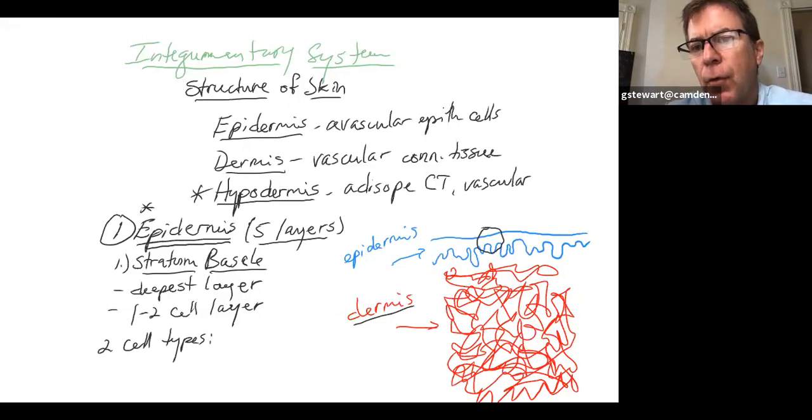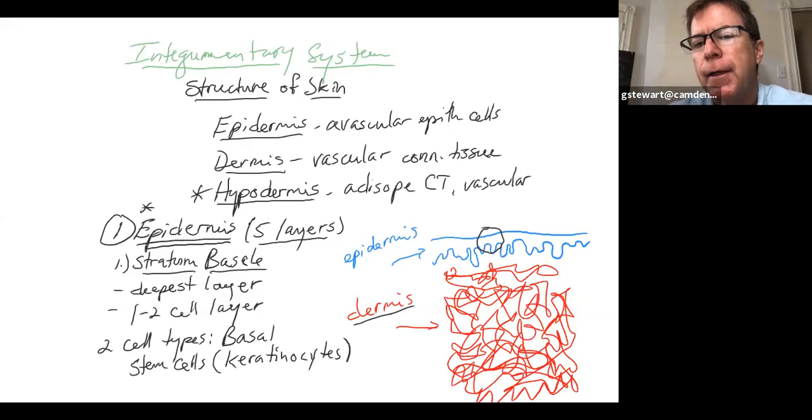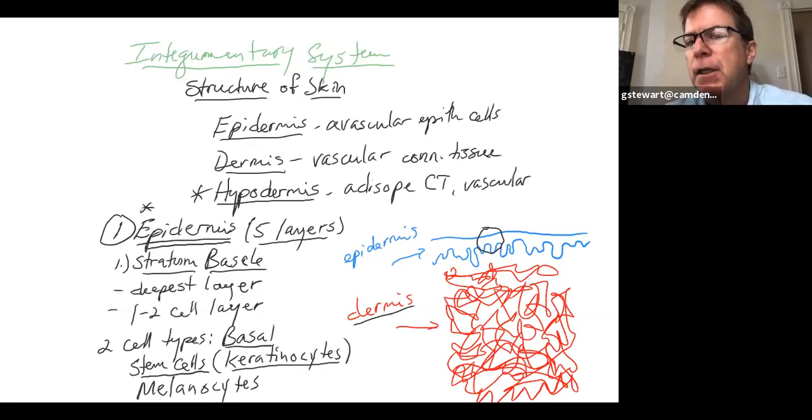Those are what we call basal stem cells, which are a form of keratinocytes. I'll explain all of this language, don't worry. So that's the first type, basal stem cells. And the second type are melanocytes. I'll move to a new board where I have more room.